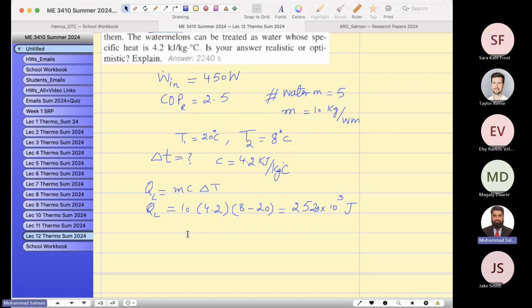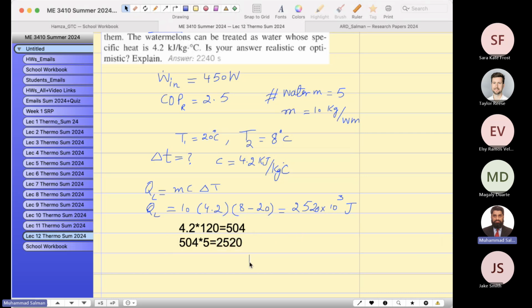So this is per, yeah, this is correct. 4.2 times 12 times, sorry, times 12. This is for 1 watermelon. This heat, and you have 5 watermelons.